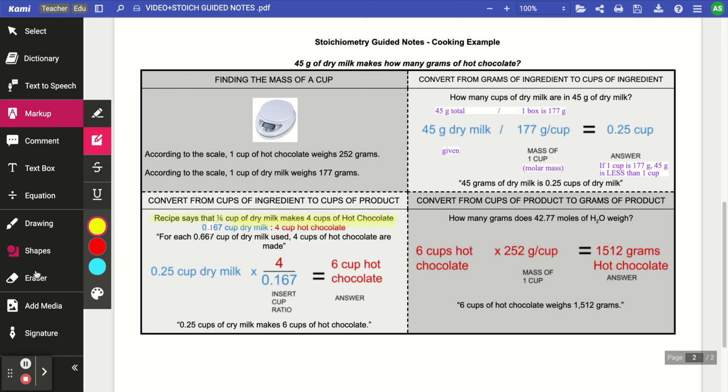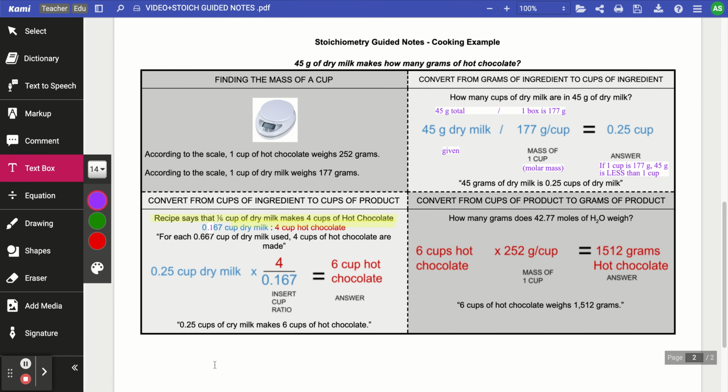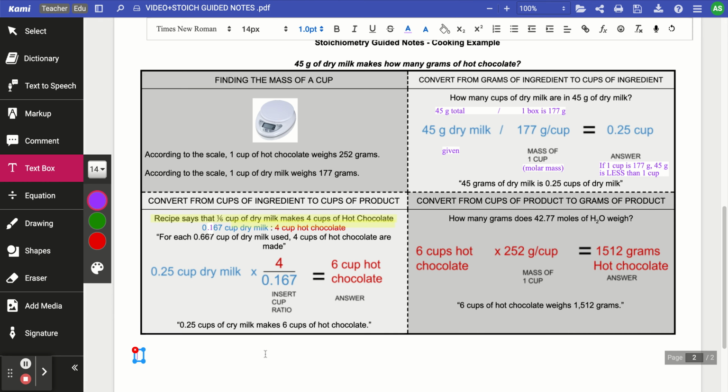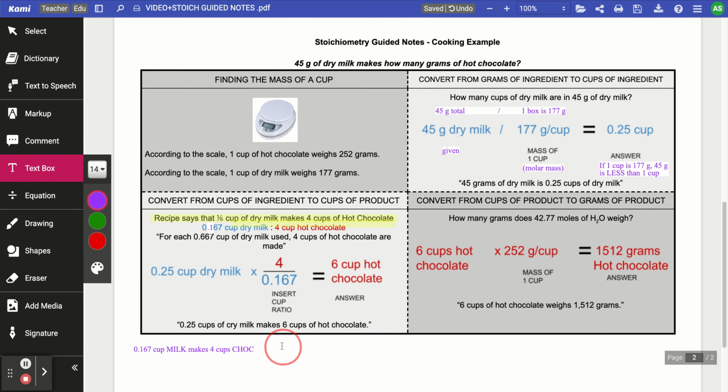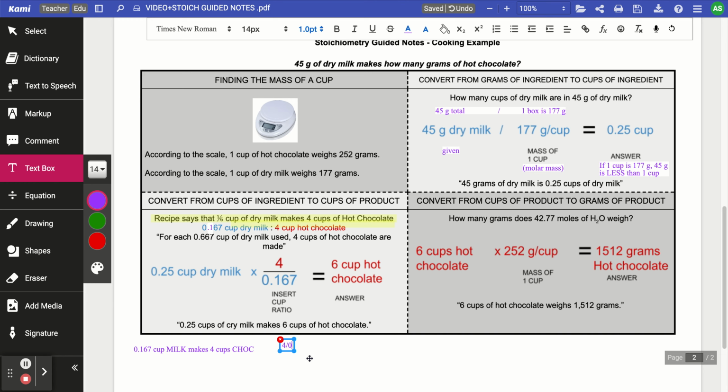Okay, so let's talk about it. 0.167 cups milk makes 4 cups chocolate. So that means 4 divided by 0.167 equals. Let's go ahead and get that number.